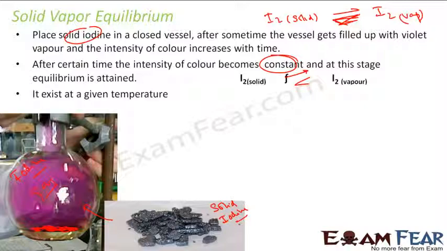If you increase or decrease the temperature, the color will become lighter or darker, depending on the reaction. It may become lighter and you will see more iodine coming in, or it may become darker and some of the iodine will go away. So it exists at a temperature because temperature plays a critical role in the equilibrium.